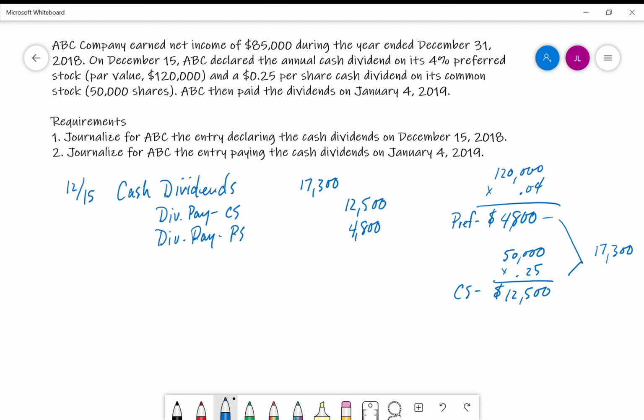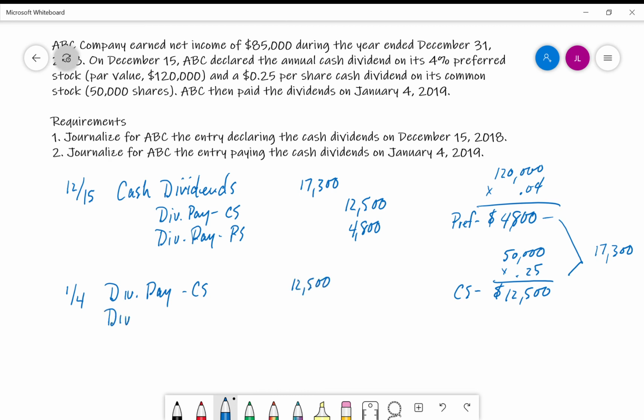Now in the next year, which is 2019, they were paying the dividends on January 4th. So on 1/4 of 2019, we are essentially fulfilling our liabilities here. So we will debit our dividends payable for common stock, and the amount on common was 12,500.